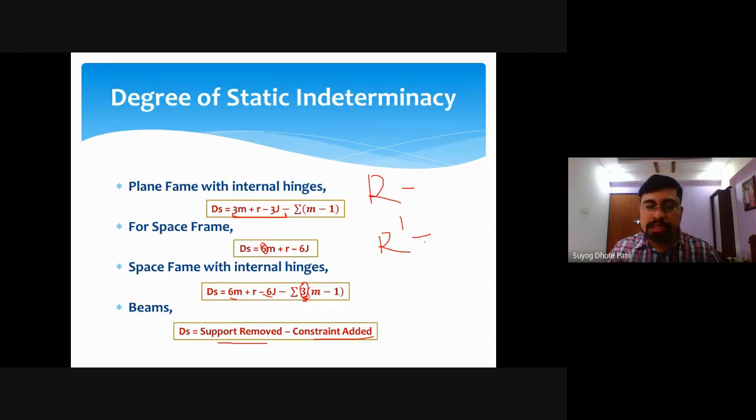Here a new term is there, the constant, capital C. This constant is nothing but this r dash. For frames we use the notation r dash, but for beams it is used as constant. This constant is nothing but the restraint added for the particular structure or beam.